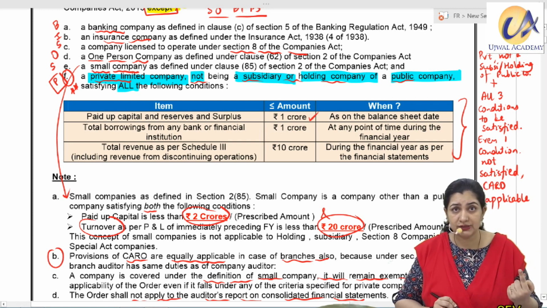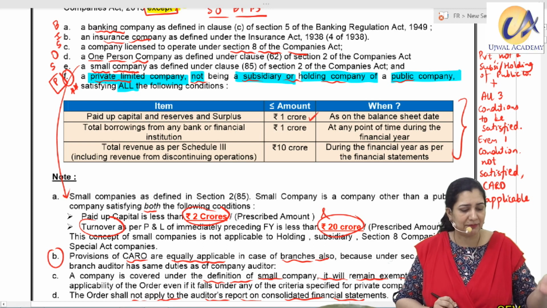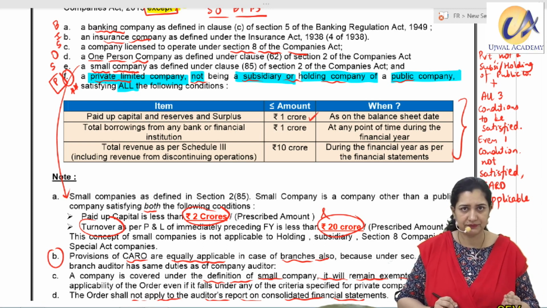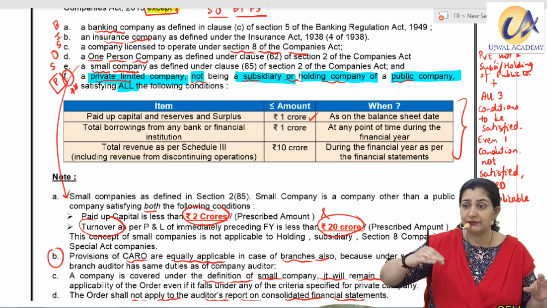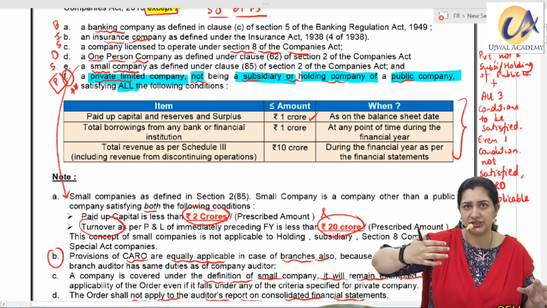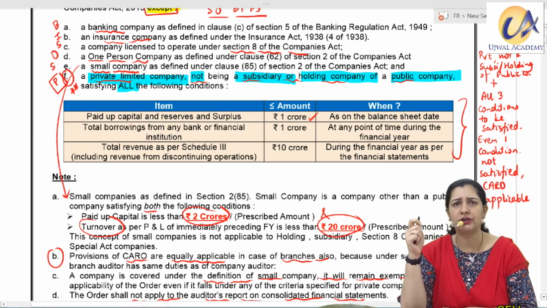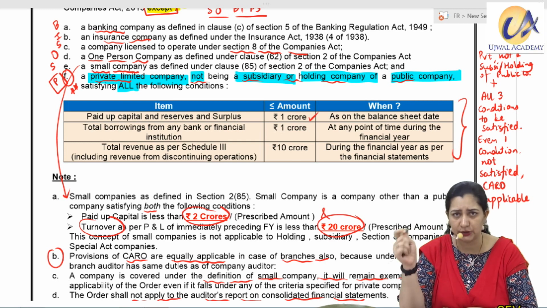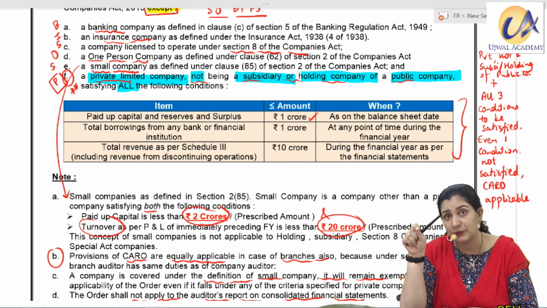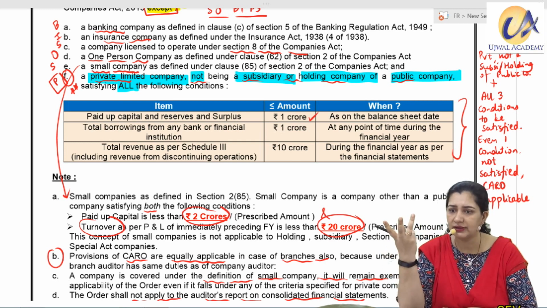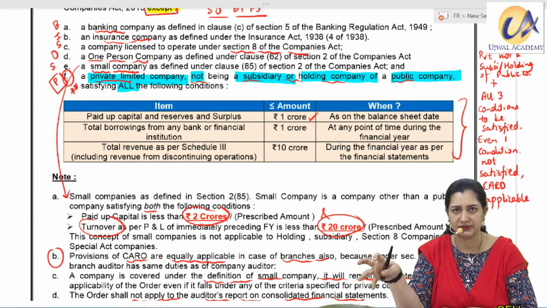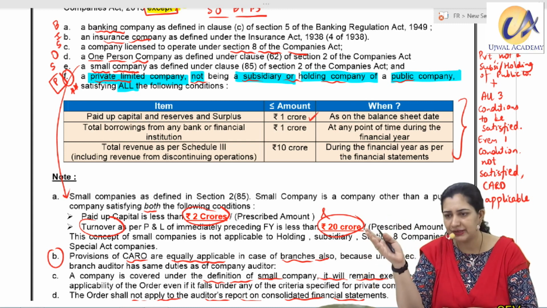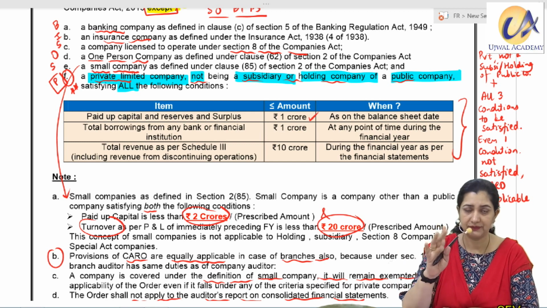What is 1 crore first? 1 crore for your paid up capital and reserves and surplus. This we have to see for the last year on the balance sheet date. Okay. So if I am doing the audit report for the year 21-22, on 31st March 22, I have to see what is the paid up capital and reserves. If it is less than 1 crore, good.